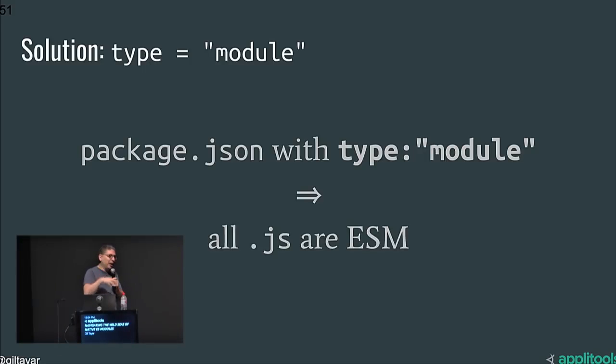So if you have a package.json with type module in it, a field, a property, then all the JS files in that package will be ESM. But then they will be only ESM and not CommonJS. So you can switch between the two. You can say, I want this to be a regular package, where JS files are CommonJS, or I want it to be ESM and all JS files are ESM.